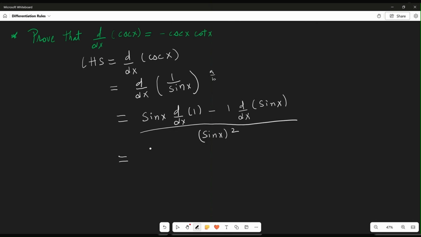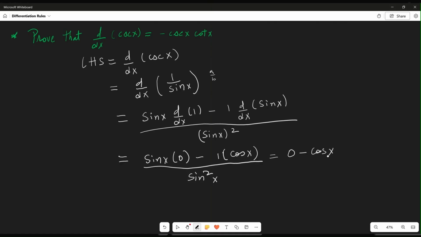Okay, so sin x, we know the derivative of 1, which is a constant, is 0, minus 1 times the derivative of sin x, which is cosine of x, over sine square x. So this is 0 times sin x is 0, minus 1 times cosine x is cosine x over sine square x.